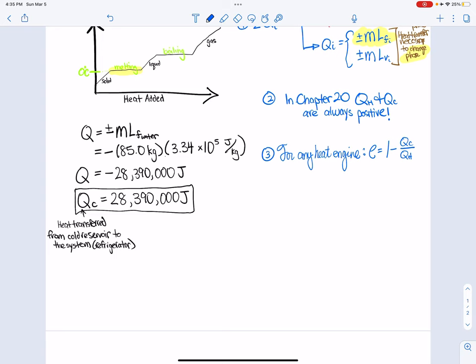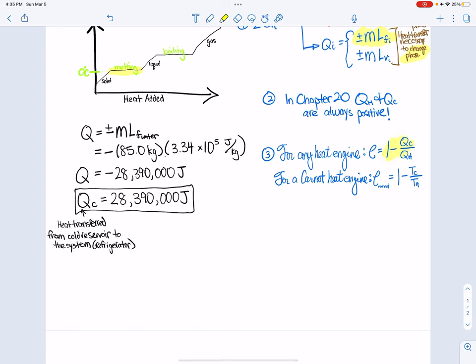But for a Carnot heat engine, the Carnot efficiency is equal to 1 minus cold temperature divided by hot temperature.